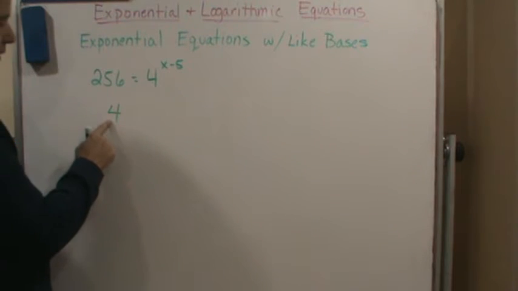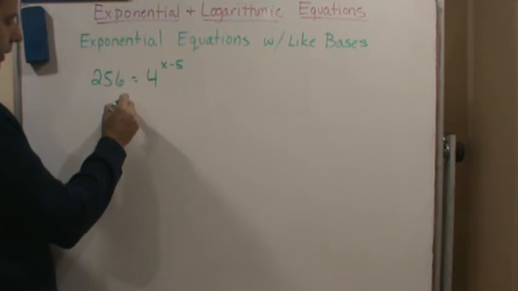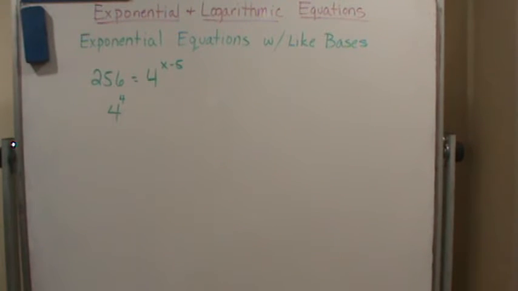Right? Because 4 cubed is 64. And so multiply that by 4, you get 256.